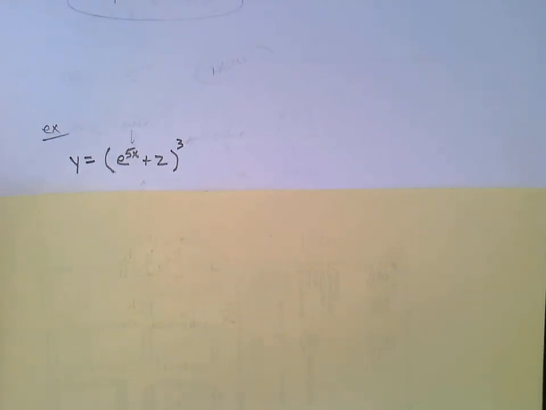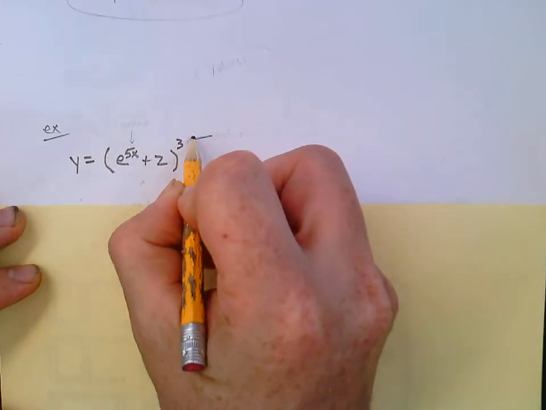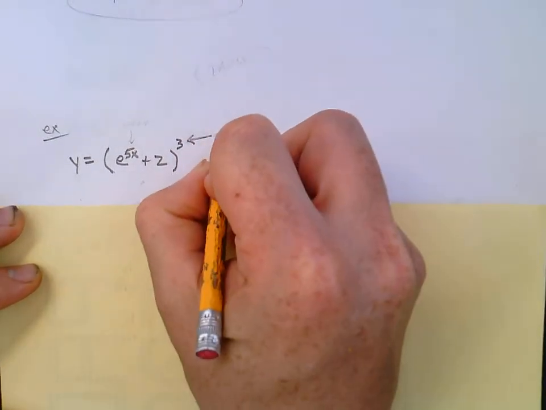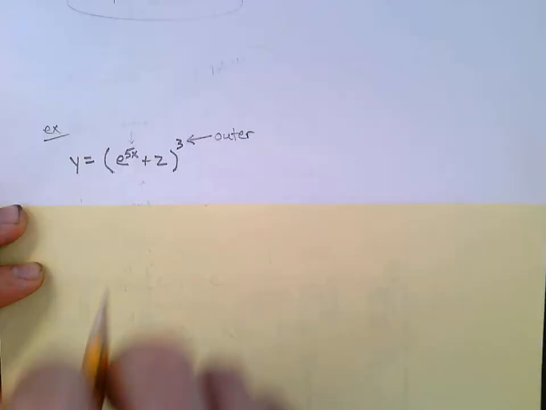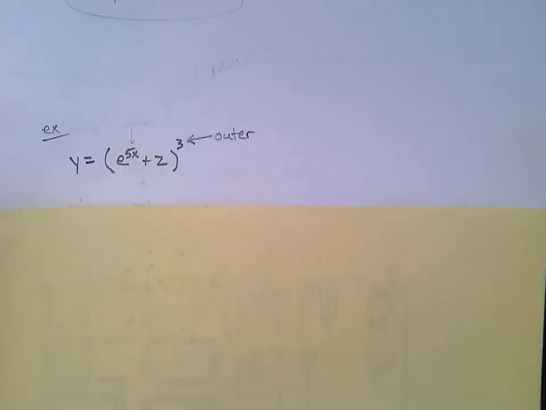Okay, why am I saving this one for last? So it turns out the chain rule doesn't have to have only 2 layers. There can be more than 2 layers. This one actually has 3. So if you think, well, how are there 3 layers going on? The outermost layer is that third power. It's outside the parentheses, so it's on the very outside.